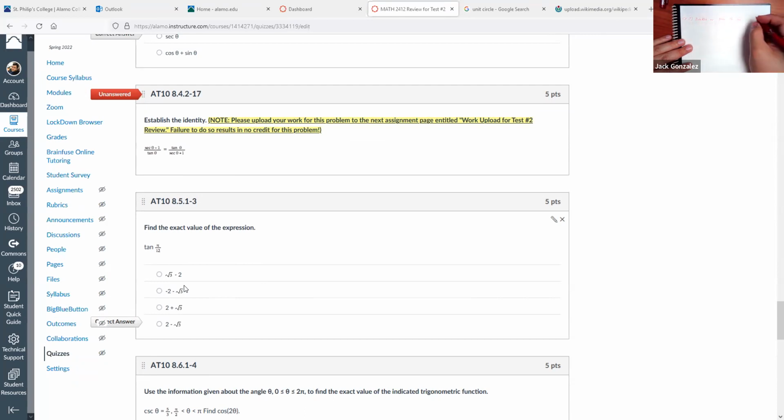So establish the identity or prove the identity, same thing. So show that this is actually equal. Let me write it down.